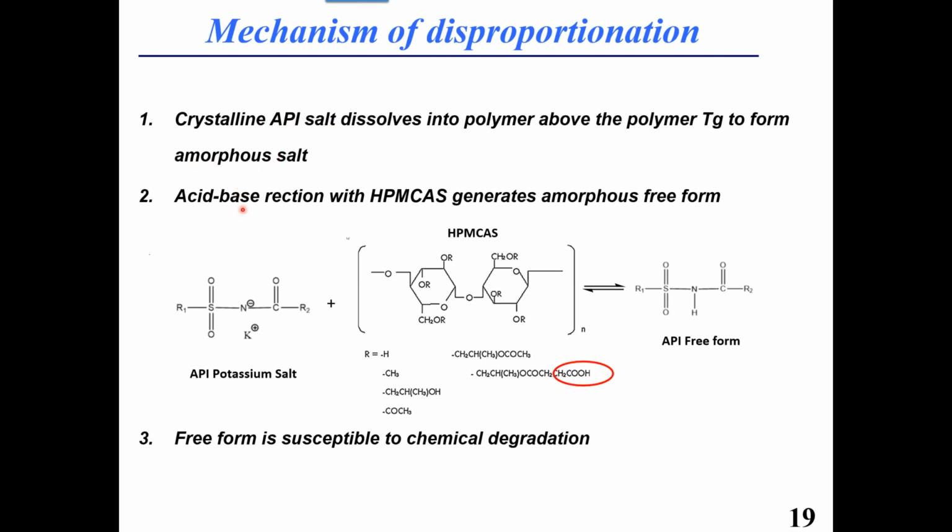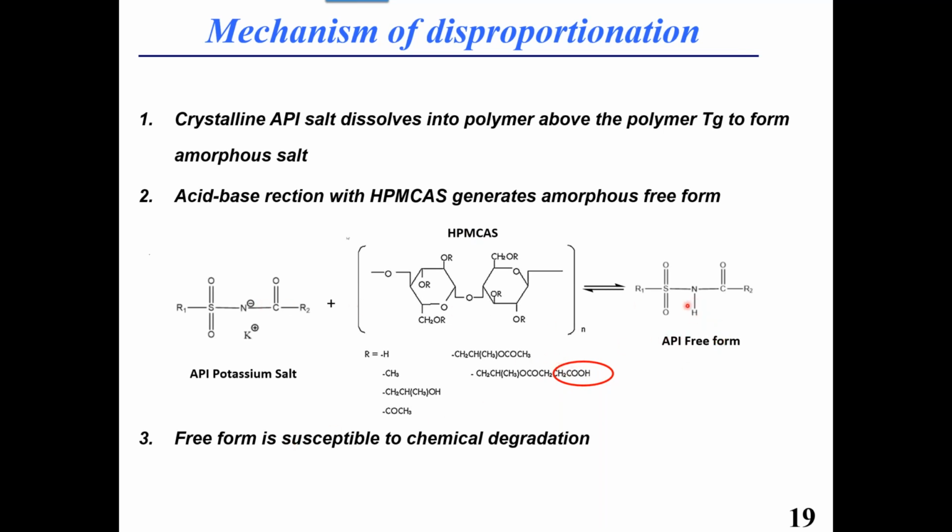Then this amorphous salt reacts with HPMCAS, hydroxypropyl methyl cellulose acetyl succinate polymer of the complex formulation, actually with the acidic moiety of the HPMCAS, the succinyl moiety, to form the free form.